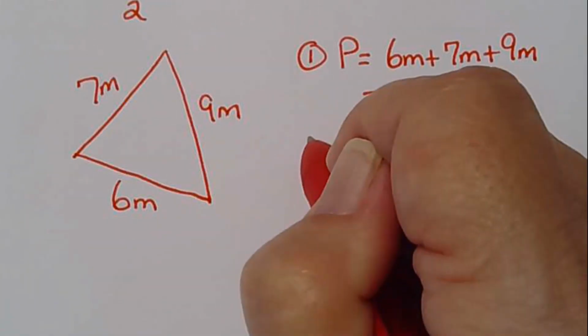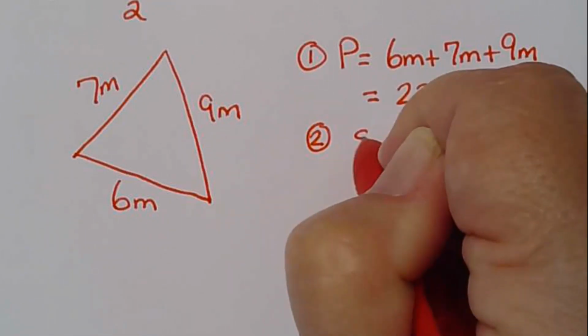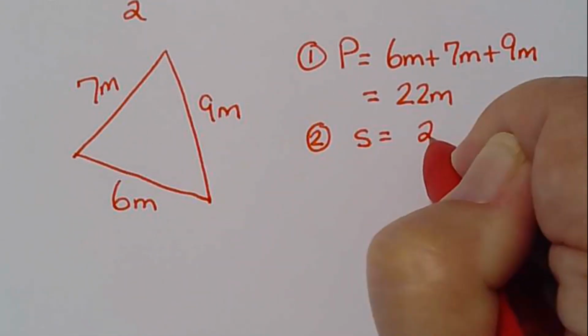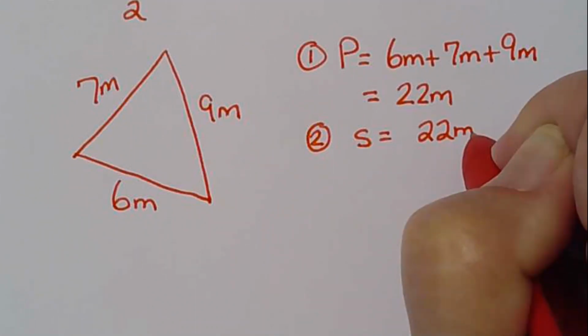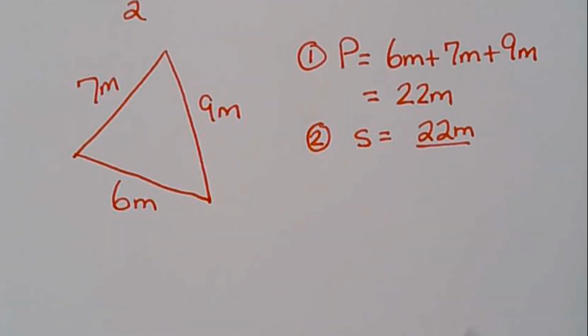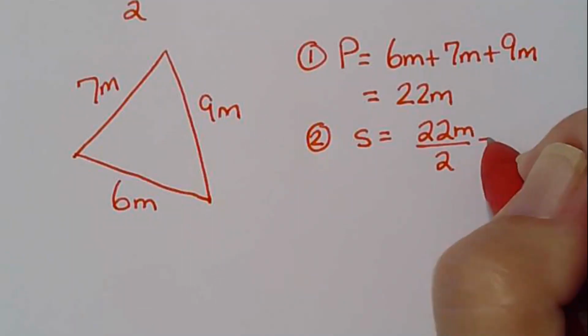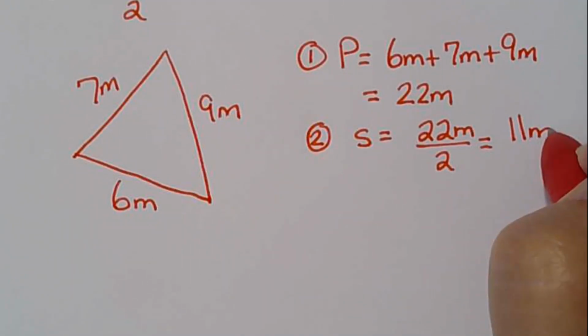Step 2, we find S. S is the semi-perimeter. You take the perimeter of 22 meters, divide it by 2, cut it in half, you get 11 meters.